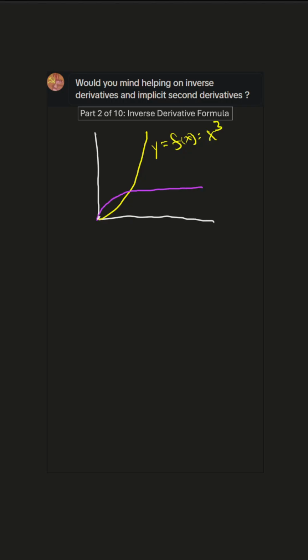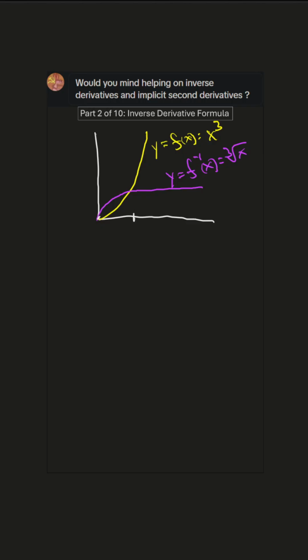Alright, quick recap from last time. Let's graph two functions. Let's say this is y equals f of x equals x cubed. It's just a part of that function. And let's say this is y equals f inverse of x, which is the cube root of x.